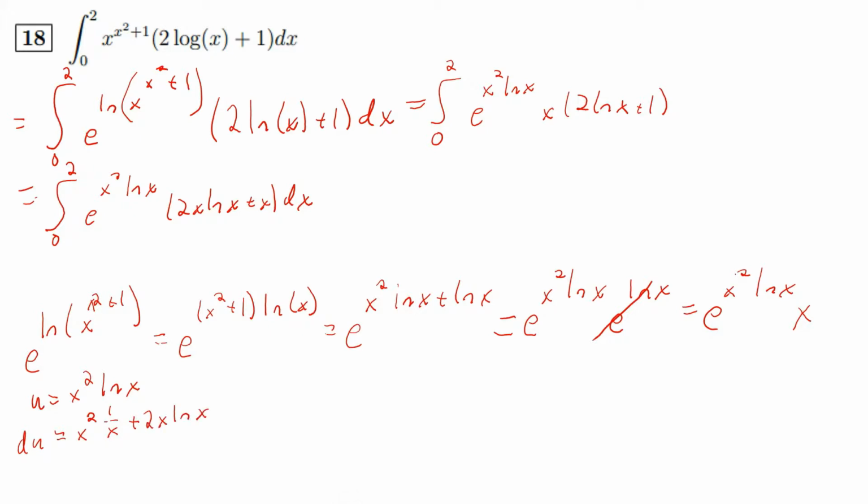And then to best match the form of the original integral, we know that the 1 over x and one of the x's on the x squared cancel, so we can rewrite that as 2x ln x plus x dx, forgot the dx up there.